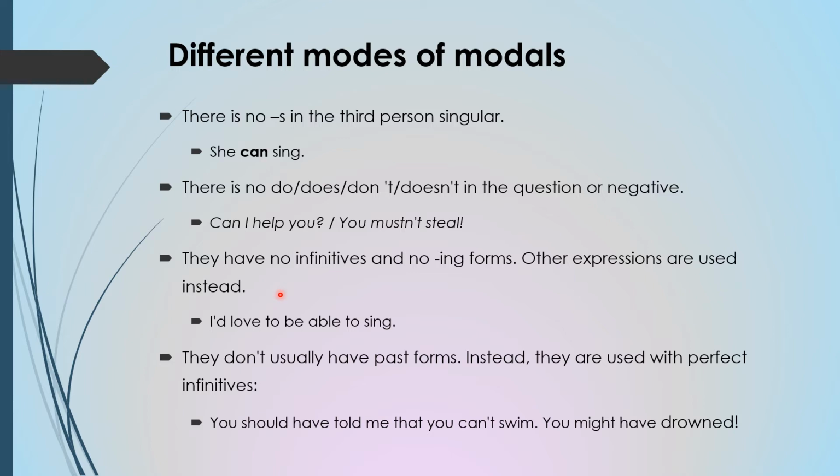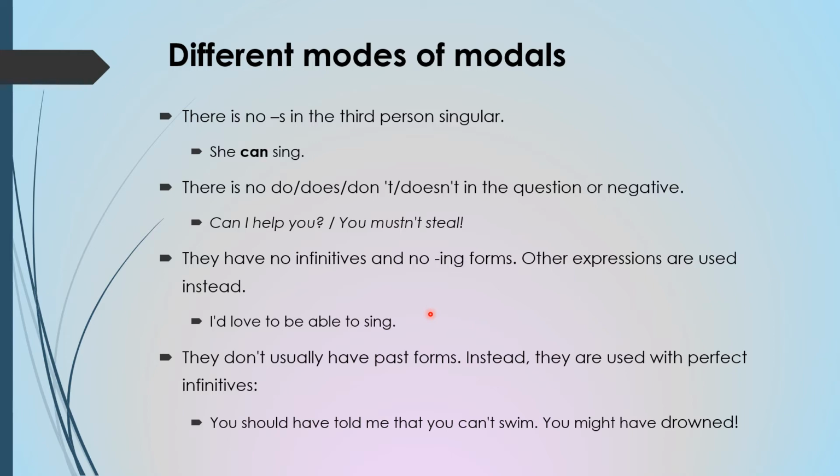That means in a regular sentence we can use an ing form after the verb, or an infinitive after the verb, but in here we do not need to. I would love to be able to sing. So there is no ing form, there is no infinitive, but still we can express this. So this is the example.